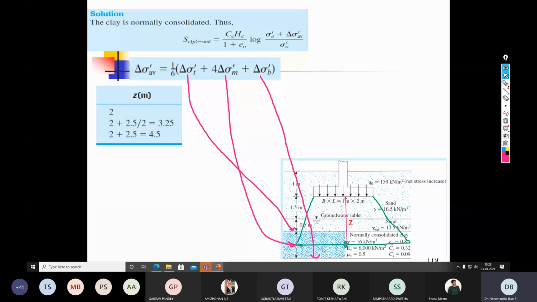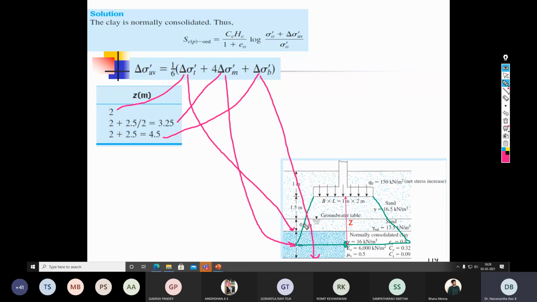For your convenience, the values of Z at top, middle, and bottom have been given.